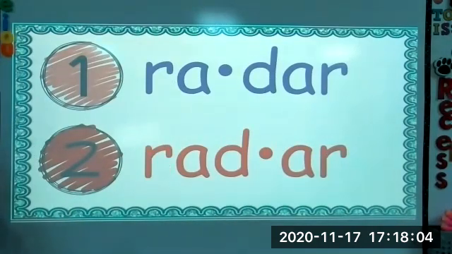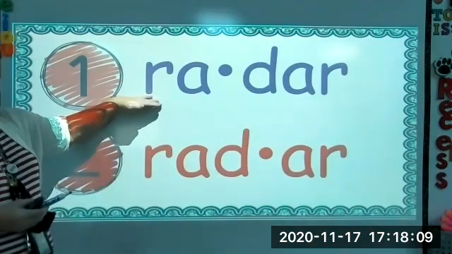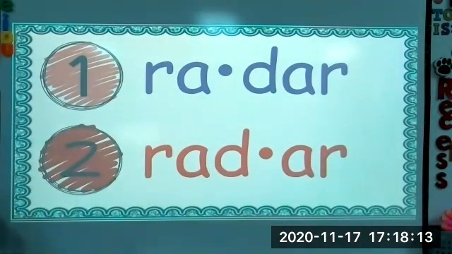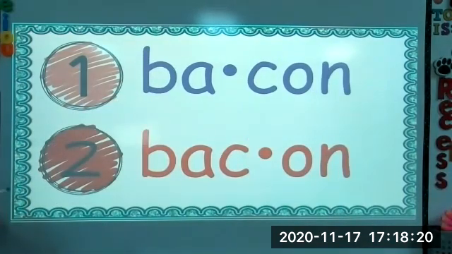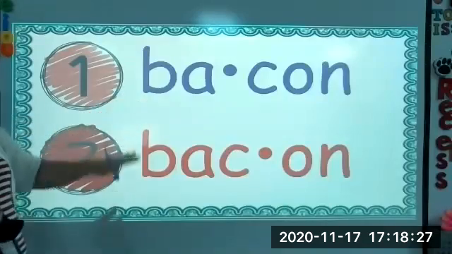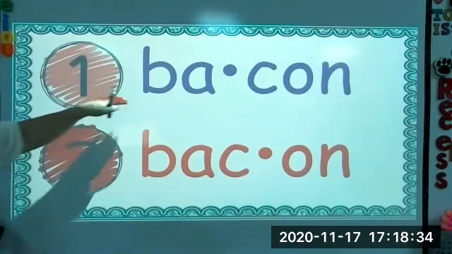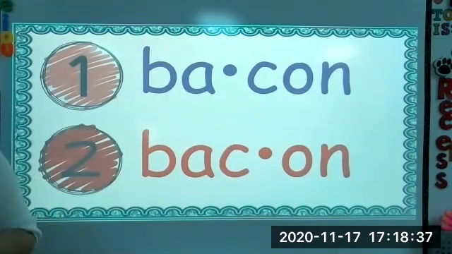The ship is on the blank map. Is it a radar map or a radar map? It is a radar map. She loves to eat pancakes and blank, is it bacon or bacon? It's bacon. What did you guys notice about all of these words?